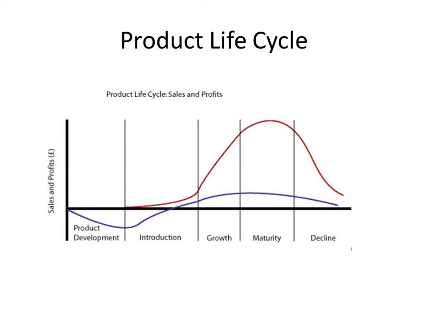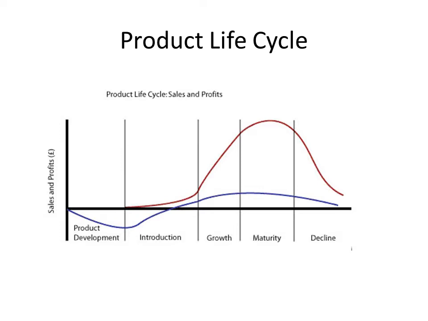So yes, behold, this is what the product life cycle looks like. It's a sort of bell-shaped curve. Please also note that PLC, the product life cycle, applies to product categories, products, and brands. The y-axis represents the money, and the x-axis represents the timeline.